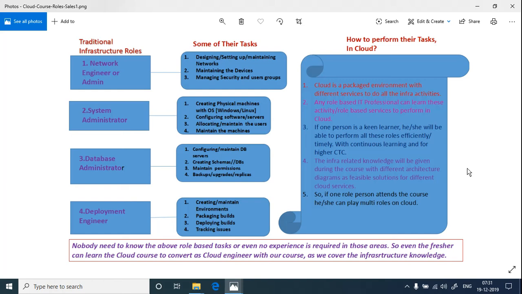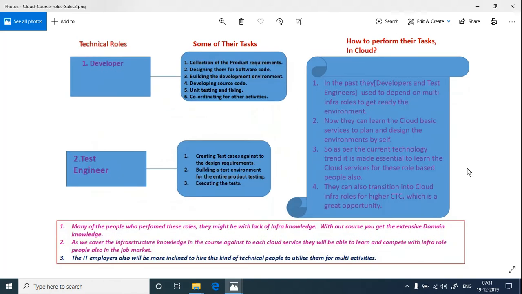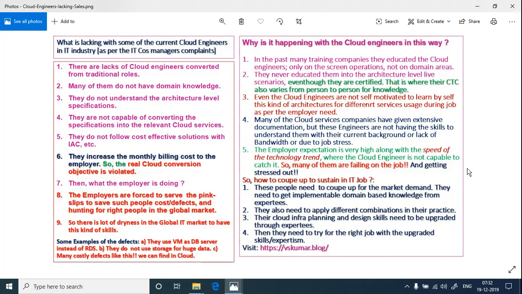Now let us come back to the cloud engineer's lacking skills. In such a case, many of them do not have domain knowledge, due to lack of understanding of the past roles and past activities.